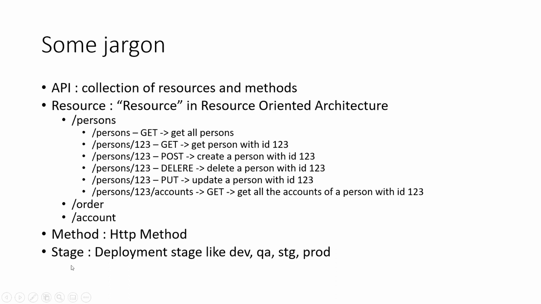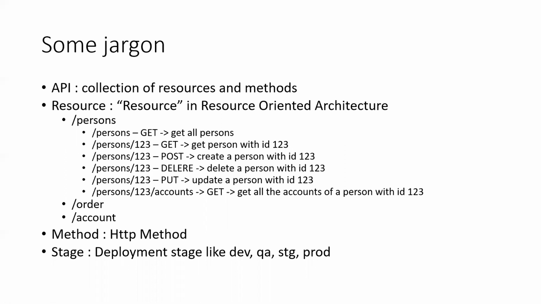Okay. So a method is an HTTP method in a REST API: GET, POST, PUT, DELETE, etc. And there is another one called stage here. Stage is nothing but the deployment stage of your APIs. You can have various environments, right? Dev, QA, stage, prod, or you can have V1, V2, version 1, version 2, version 3. Same API. Let's say I'm creating a person's API. I'll create version 1 and then deploy it.